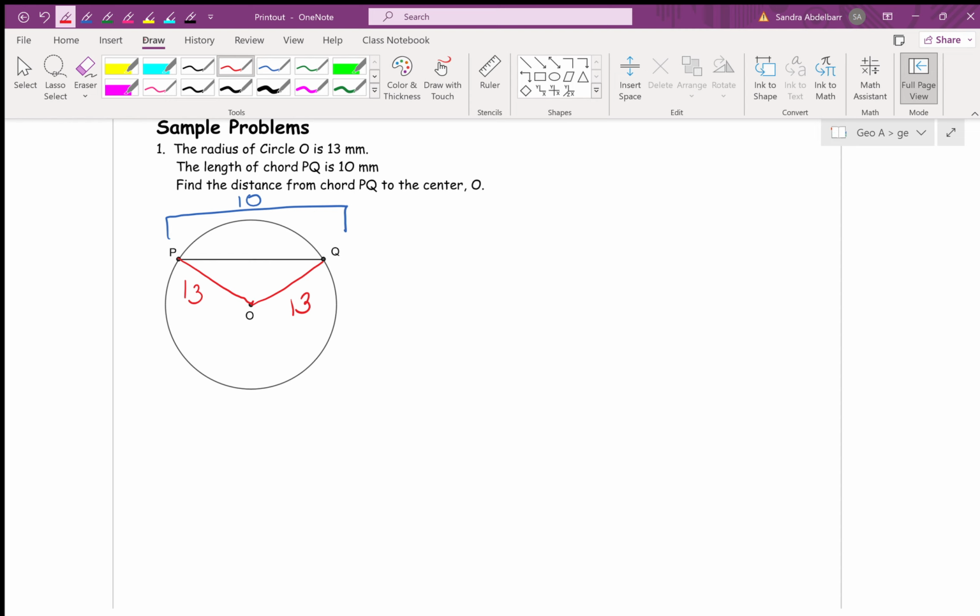Now they want us to find the distance from the chord PQ to the center O. That was one of the first theorems we learned today, right? The distance from the center to the chord is the length of what?